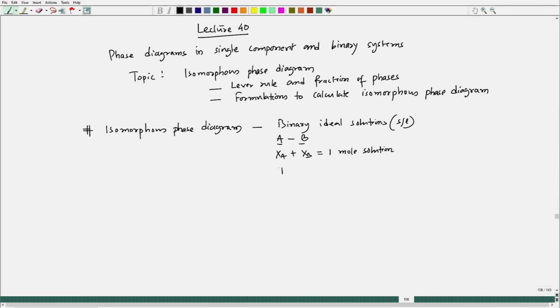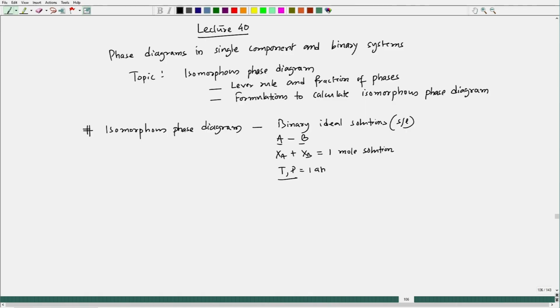And we are keeping temperature and pressure constant for each drawing of free energy composition. So, pressure would always remain constant, and at a particular constant temperature, that constant temperature will change over the temperature composition plot, and at each temperature we will be seeing the equilibrium between two phases, and that gives us this isomorphous phase diagram. So, pressure always remains 1 atmosphere, and the fixed temperature would change. So, once we change the temperature, that temperature remains fixed. That is the concept of fixed temperature.